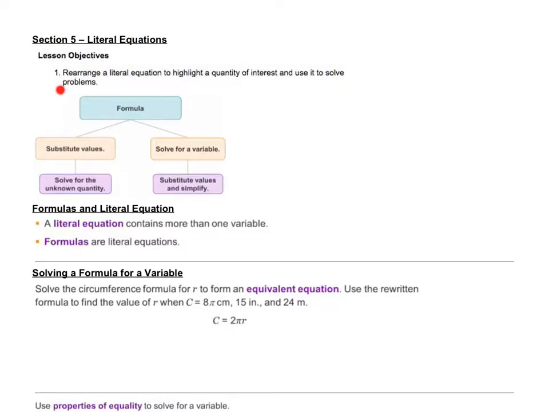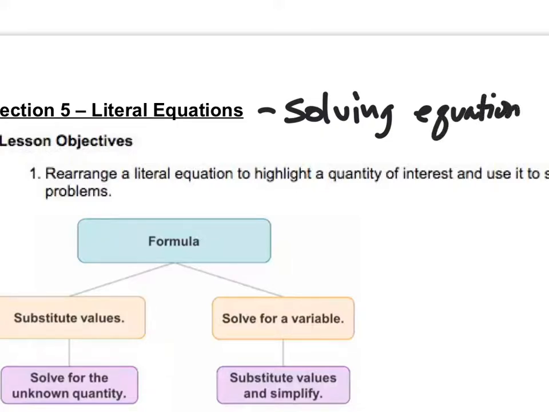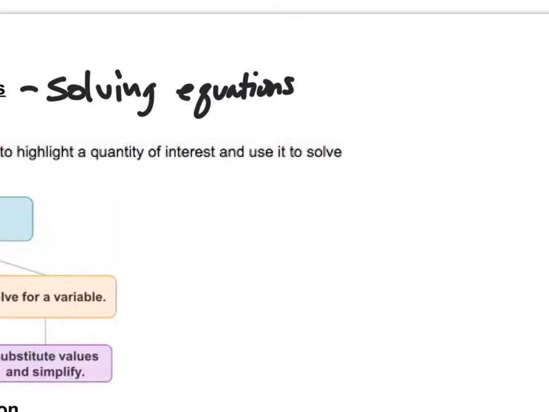What we want to do is rearrange a literal equation to highlight a quantity of interest and use it to solve problems. So basically, when we have literal equations, we are solving equations that have little or no numbers, pretty much only variables.